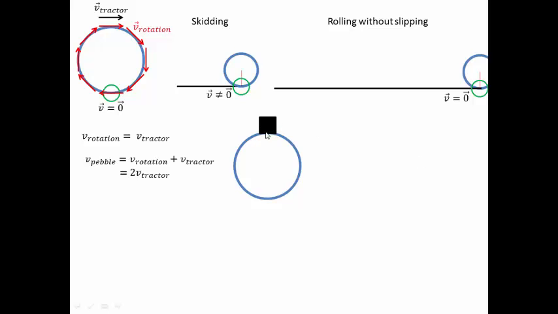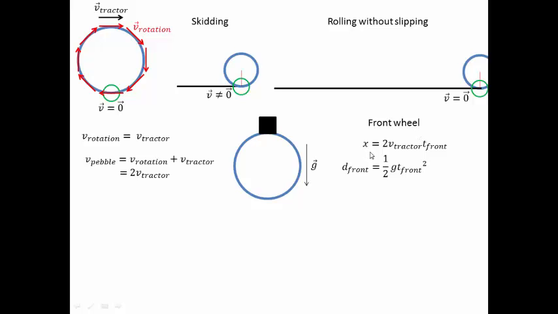So, the pebble has two components of velocity. First, the horizontal component due to flying off the top point of the wheel, and also due to the gravitational force pulling it down, it gains velocity in the y component. So let's study the motion of the pebble flying off the front wheel of the tractor.